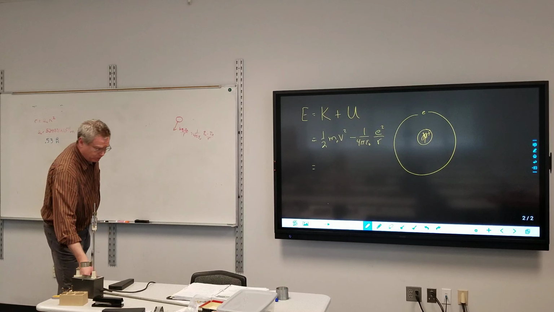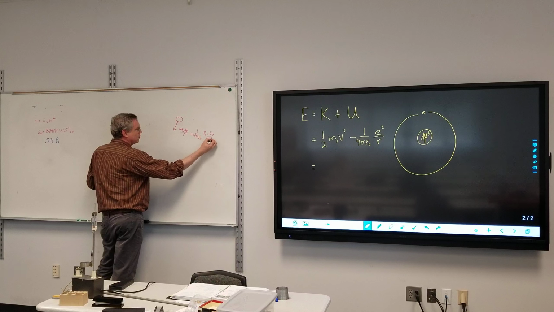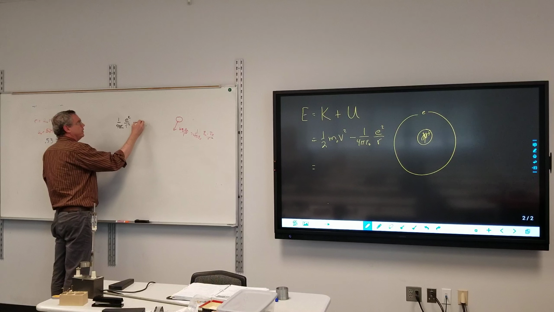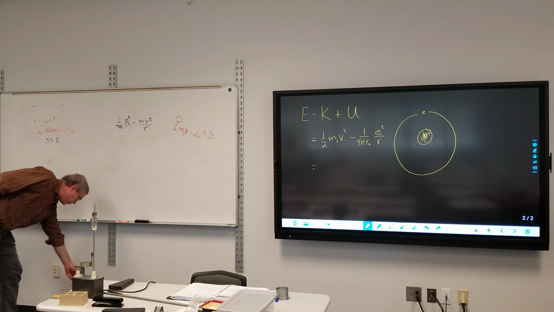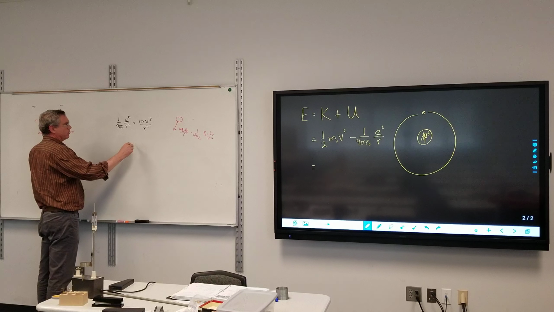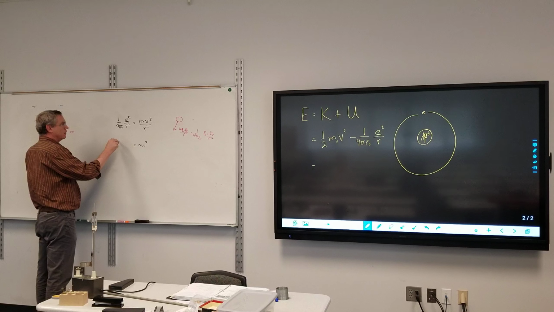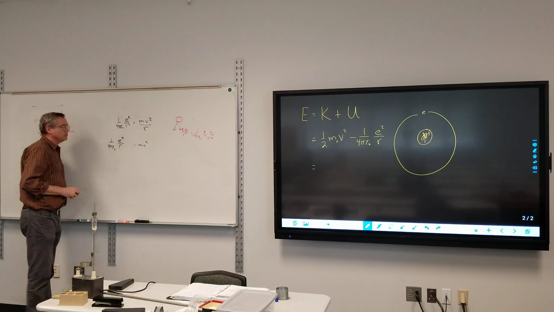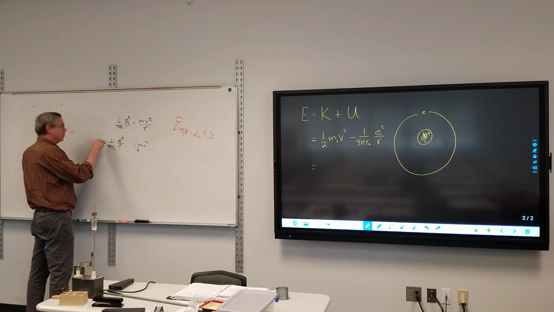So let's just do a little plug and chug there. I have my force, 1 over 4 pi epsilon naught times E squared over R squared, is equal to mv squared over R. So if I solve for mv squared, I get 1 over 4 pi epsilon sub naught E squared over R. And if I want the 1/2 mv squared, in other words, the kinetic energy, I'll just multiply both sides by 1/2.